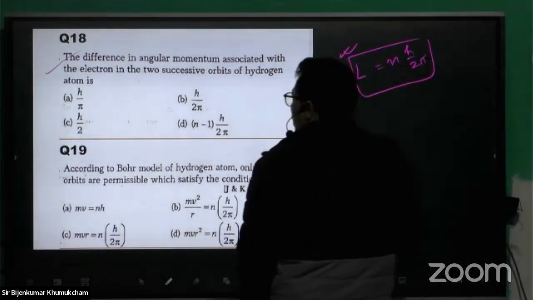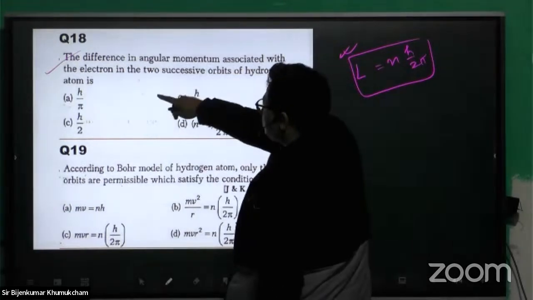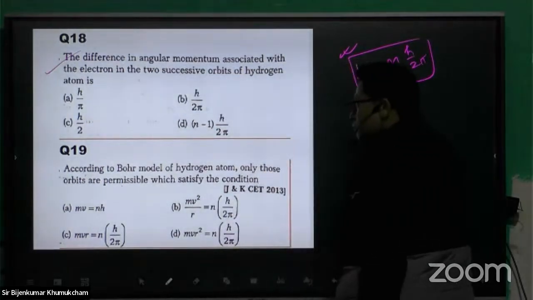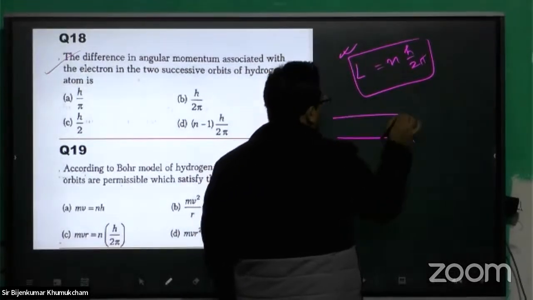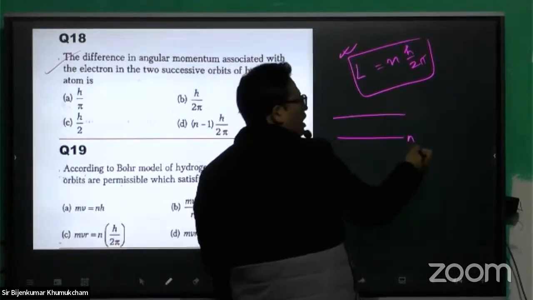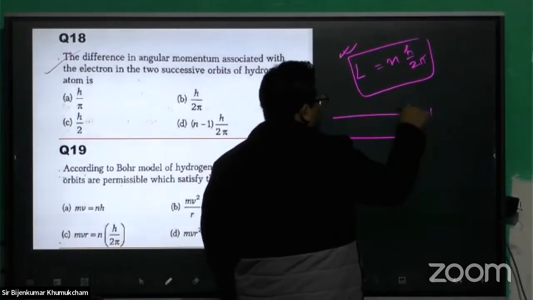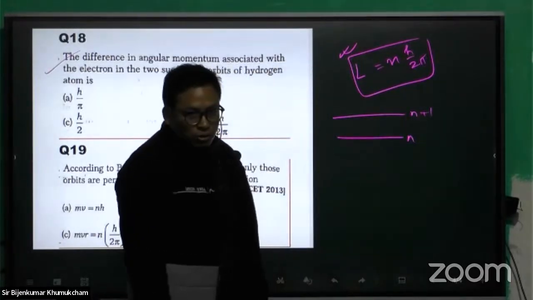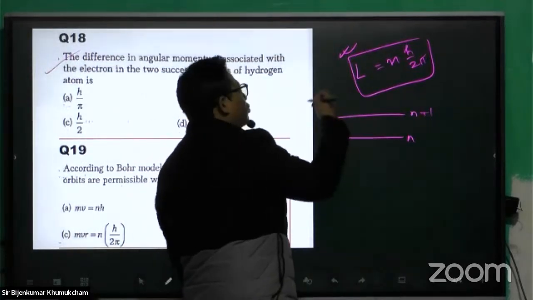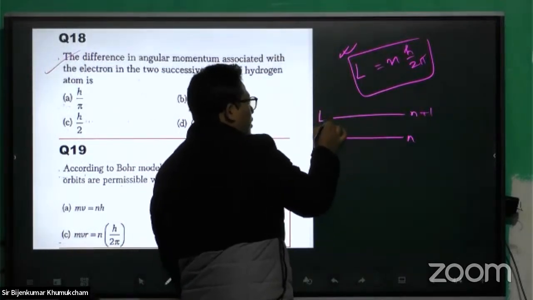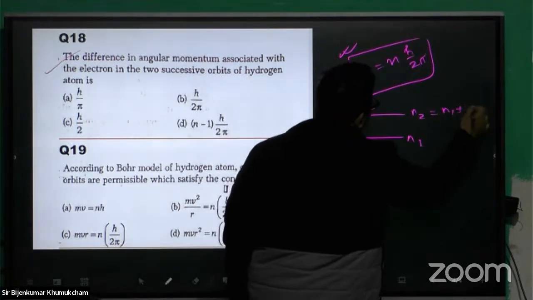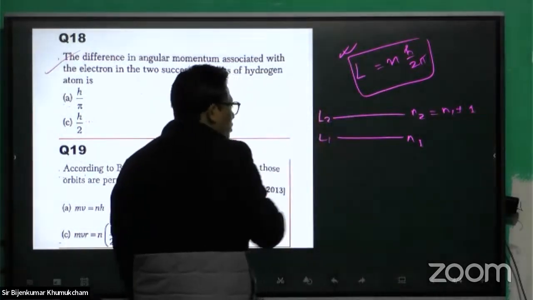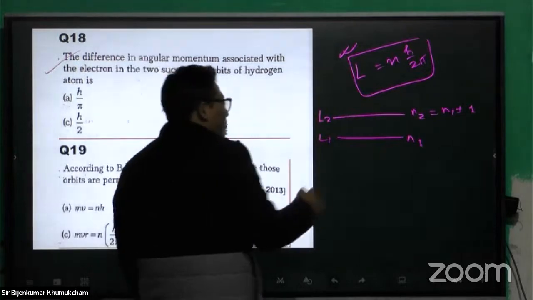In two successive orbits, let us consider one orbit and call it n. The next higher orbit will be n plus 1. So let's find the difference. Say n1 and n2, where n2 is n1 plus 1. Let me call the angular momenta L1 and L2.